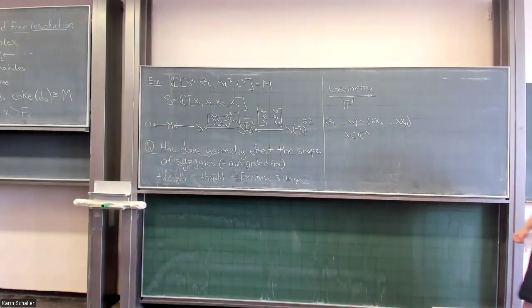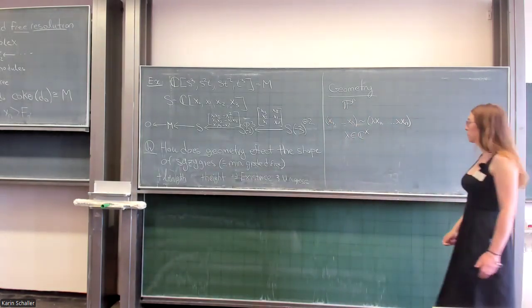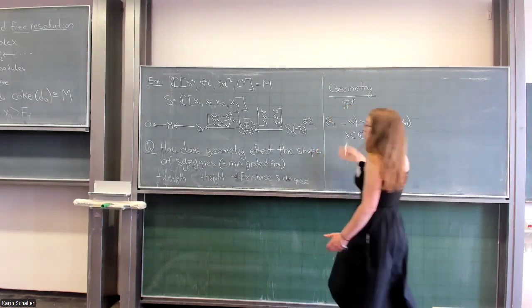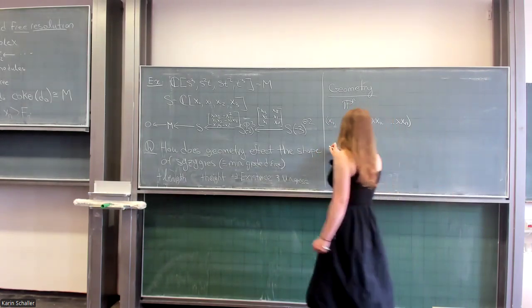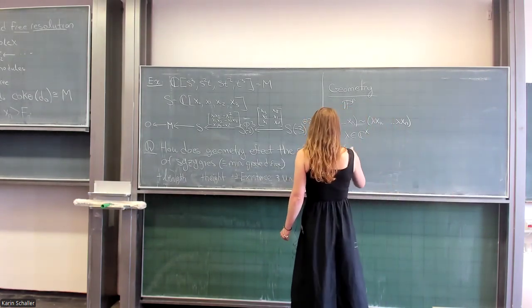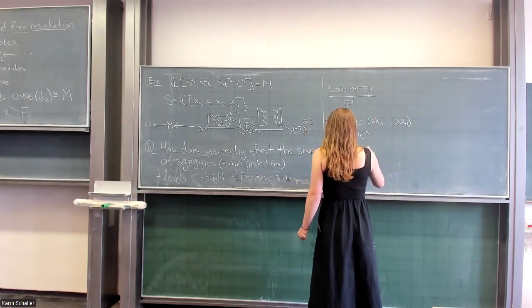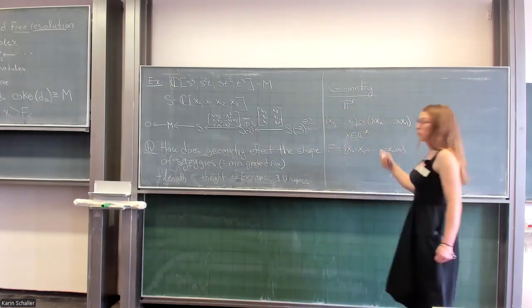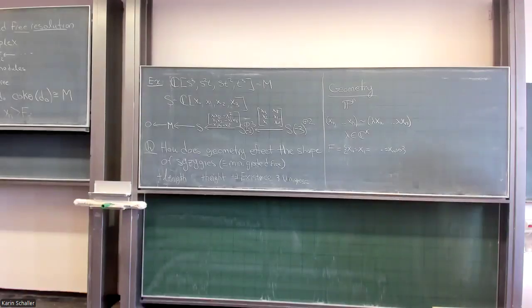These are the points of Pn. This action has some fixed locus, which we could call F, which in this case is just (0, ..., 0). So the only fixed point of this action is the origin.